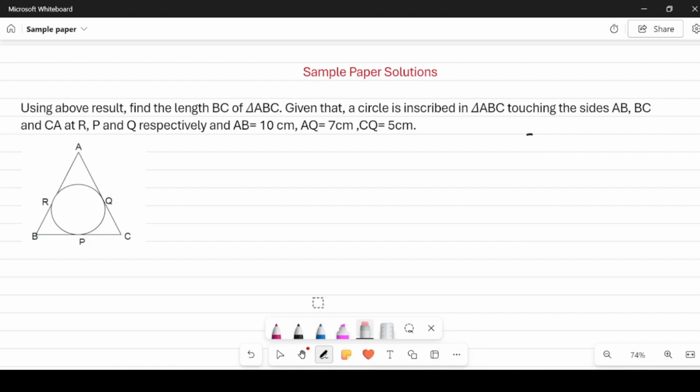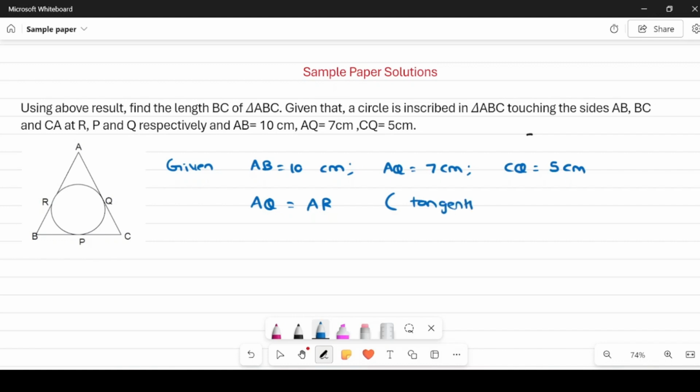Okay. So what do we have? Given AB is equal to 10 centimeters, AQ is equal to 7 centimeters and CQ is equal to 5 centimeters. Since AQ is equal to AR, write the reason. Reason being, lengths of tangents drawn from an external point are equal.